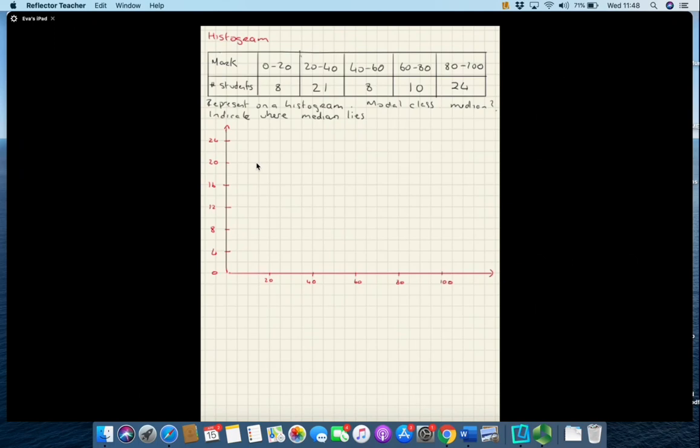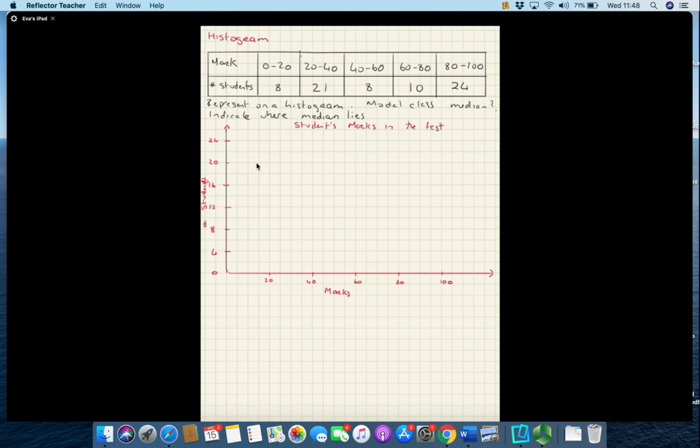So label my axis. These are my marks, and up my side is the number of students. And then my graph is students' marks in the test.